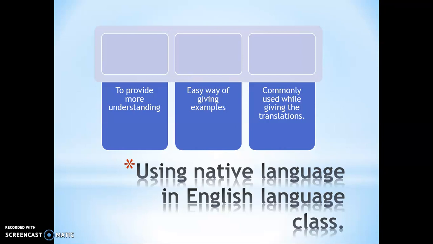Giving a definition is also good, but it depends on the learner. If it's a very young learner, it's difficult for them to understand the gist of the word, what it means, for example. That's why elementary teachers commonly use the native language to provide them with the translation of English words.